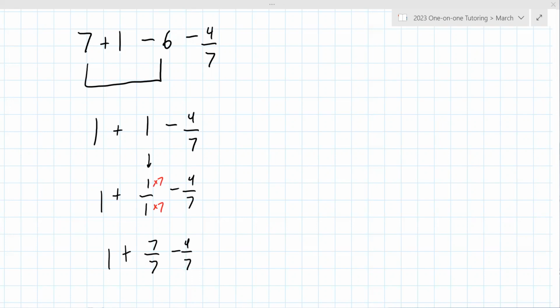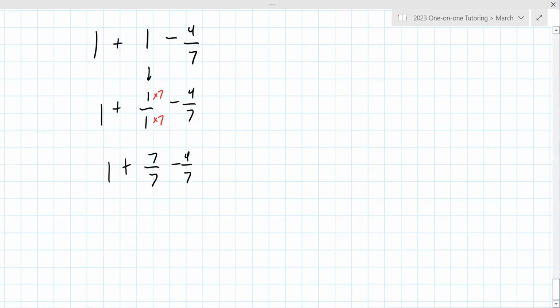It would become 3 over 7. That's right, 1 and 3 over 7. Very good. And 3 over 7 does not reduce, so you know you're done there. All right, so we're gonna look at 17 next.